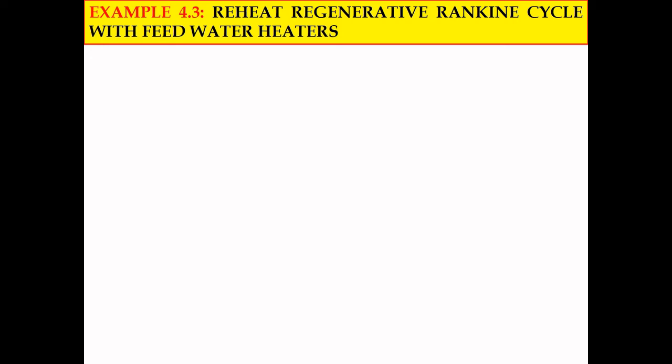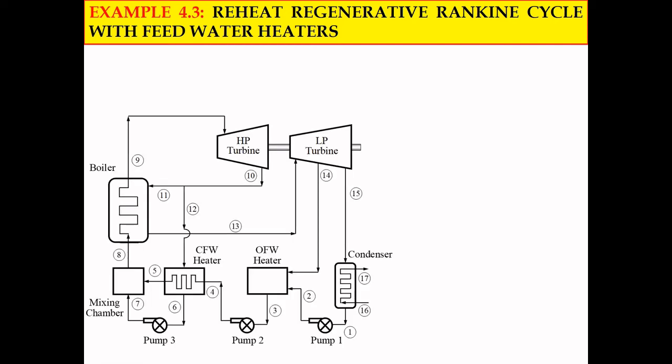Now this is the complete schematic or flow diagram for the reheat regenerative Rankine cycle with feed water heater. We have a number of states involved, starting from number 1 until number 16.